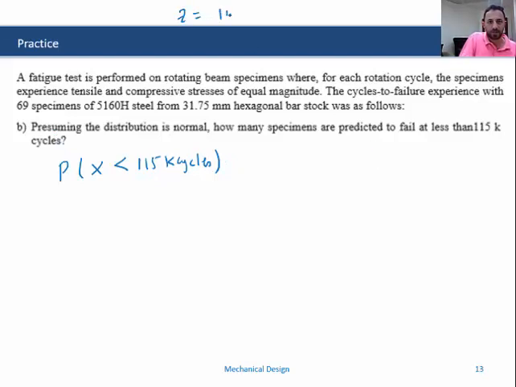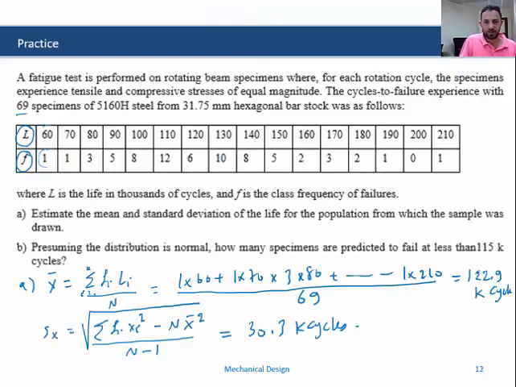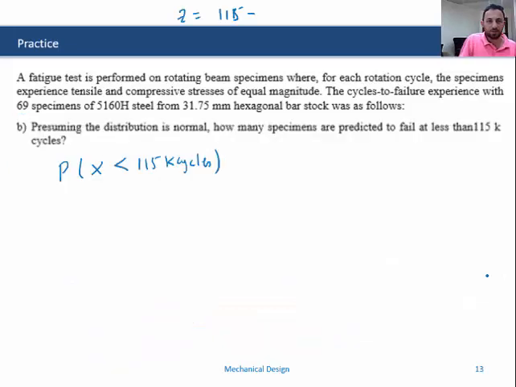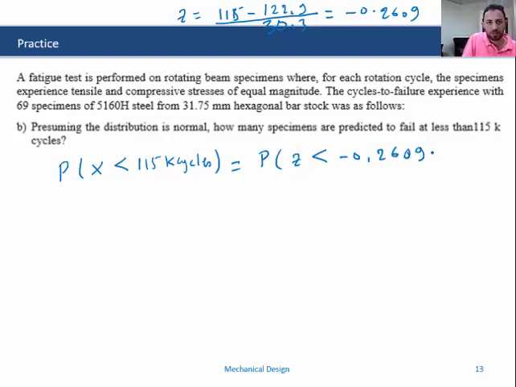Z is equal to 115 minus the mean that we obtained in the previous part, over the standard deviation, 30.3, which is equal to minus 0.2609... so this is equivalent to Z less than minus 0.2609.